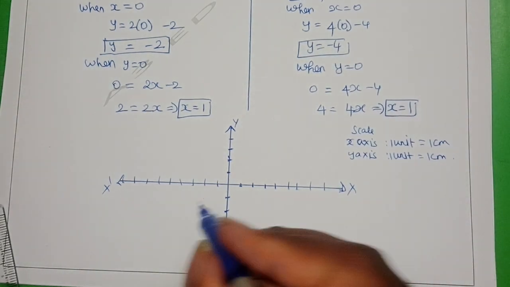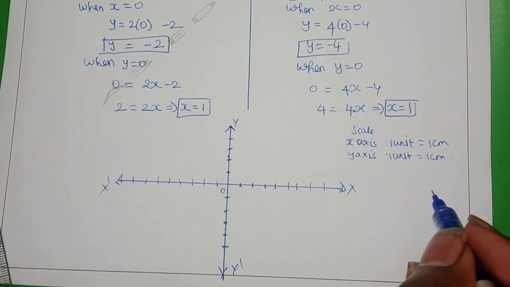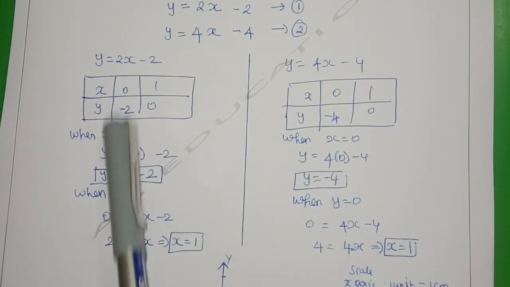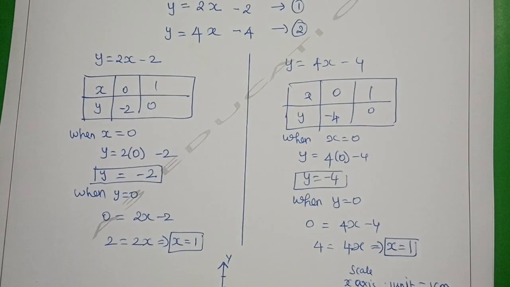The points are 0 comma minus 2, 1 comma 0, 0 comma minus 4, and 1 comma 0.